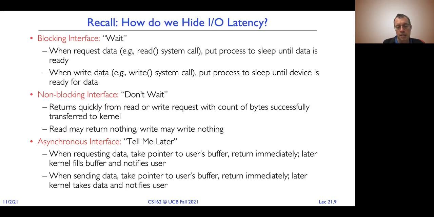When you send the data, it is the same. You create a buffer where you put the data you want to send, and then you give to the kernel, to the OS, in the write system call, the pointer of the buffer you want to be transferred.